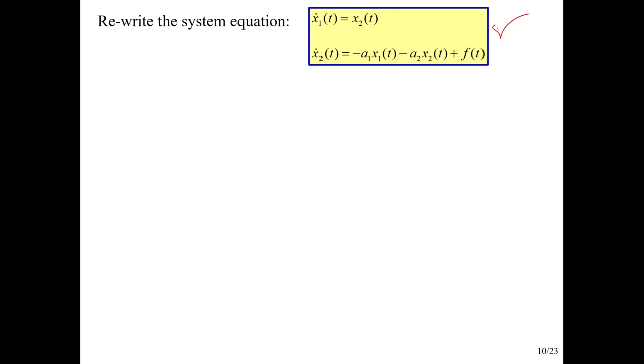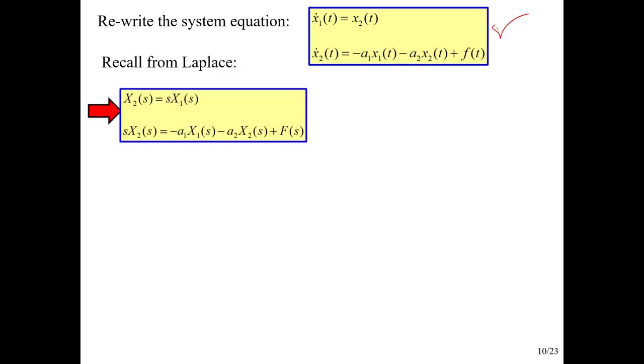So those are just writing out explicitly the system equation, or the dynamics equation, for the state variable form. And now we're going to convert this into Laplace because we're trying to understand how to pick those a1s and a2s to give us the filters that we want, low pass, high pass, and so forth.